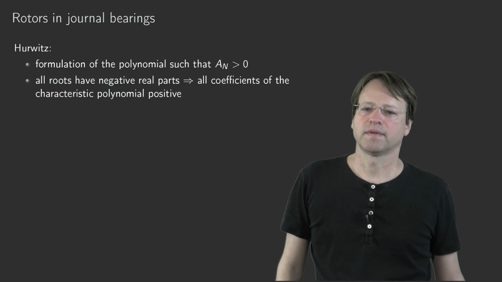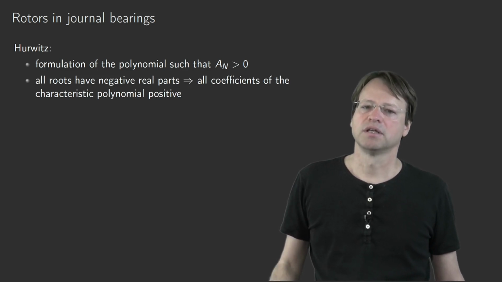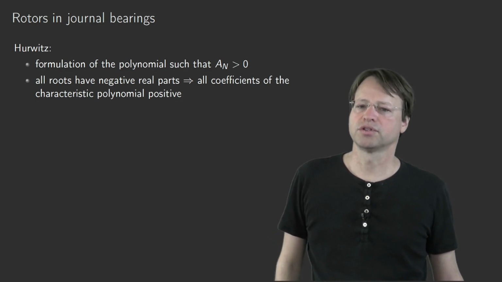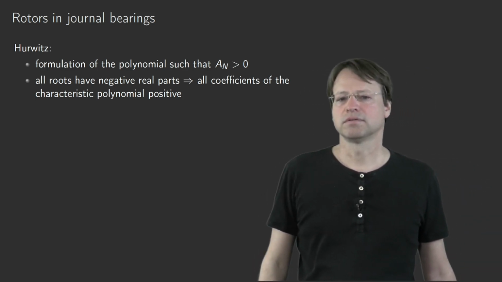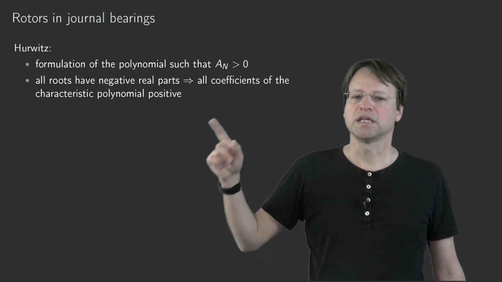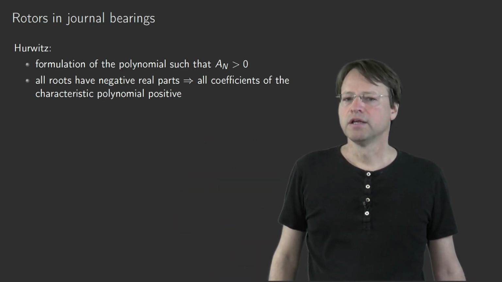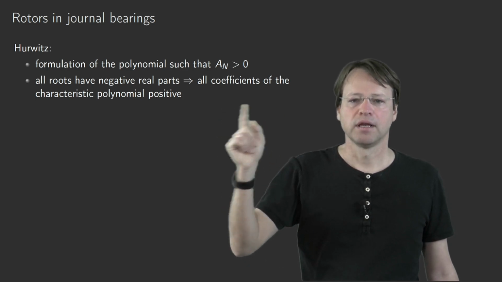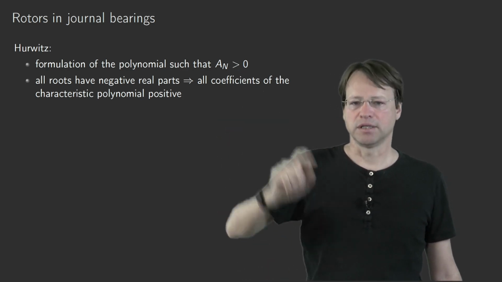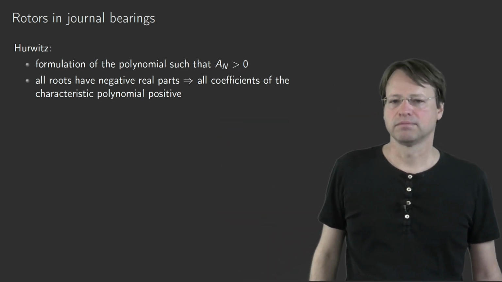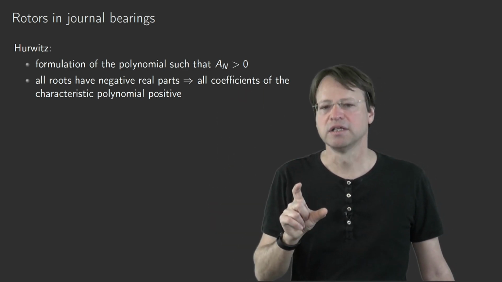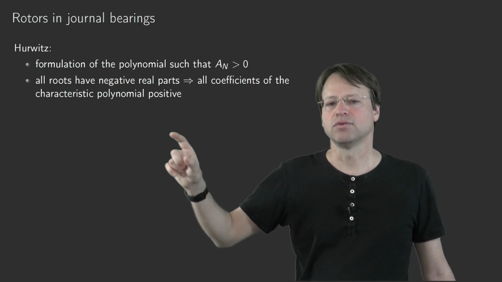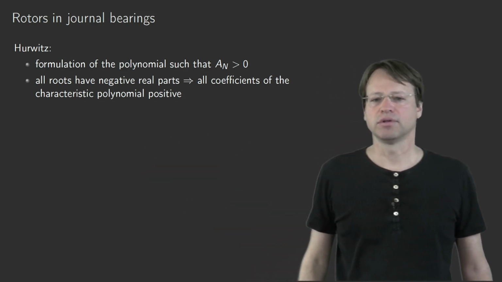And then the result is all the roots have negative real parts only if all coefficients of the characteristic polynomial are positive. So this is a necessary condition. So you can check, after normalization, of course, so getting the correct sign for a sub n, the sign of all the other coefficients of the characteristic polynomial.